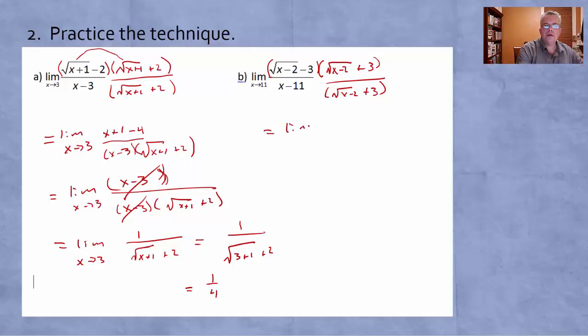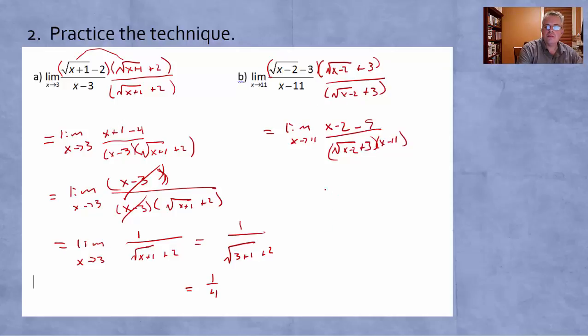All right, here we go. This is the limit as x approaches 11. This times this is x minus 2. The inner and outer terms cancel if we multiply that out. And we just have minus 9 over, I'll write this term first, square root of x minus 2 plus 3 times x minus 11.